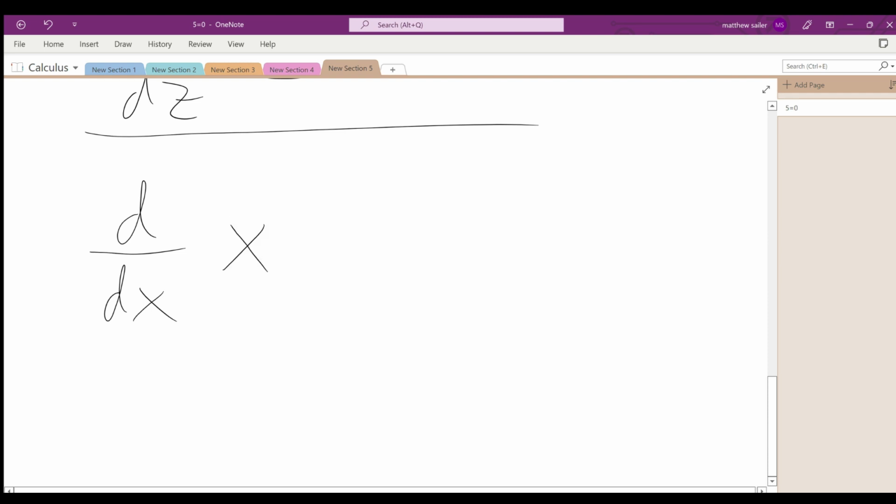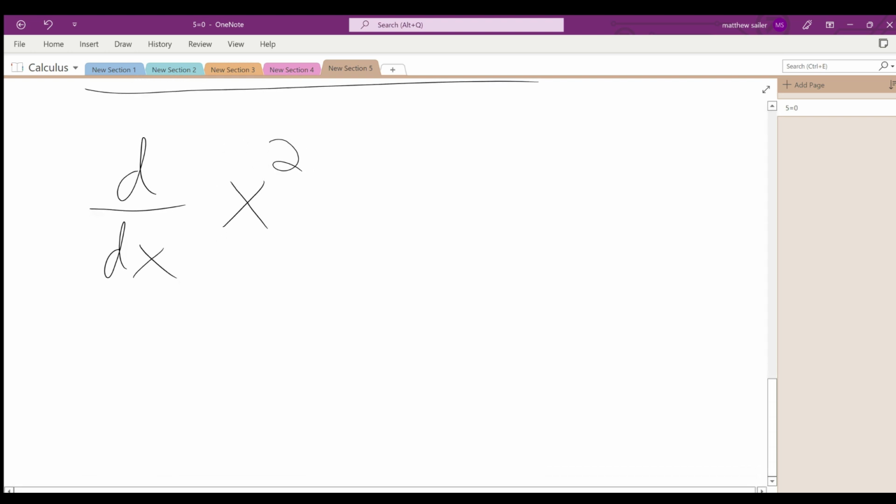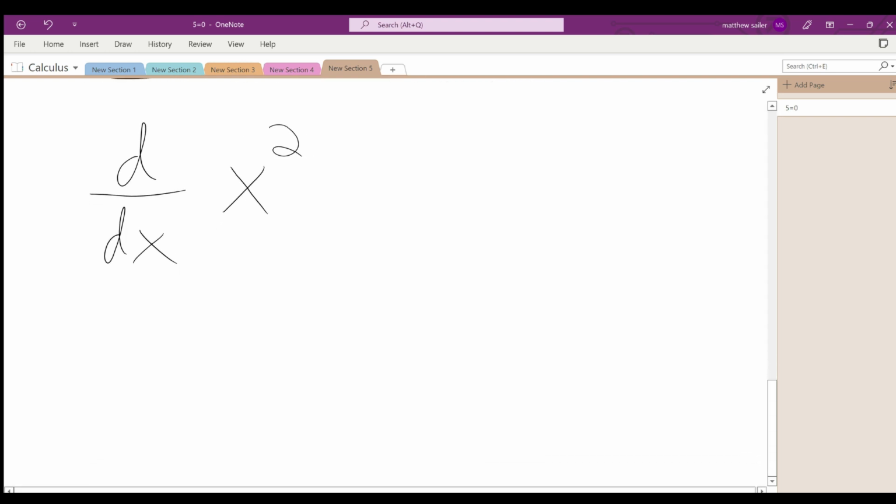So the derivative of x squared. I'm going to do a couple of these until you get the hang of what the rule actually is. It's actually a pretty simple rule. See if you can guess what the rule is, and after 3 or so of them, I'll tell you what it is.